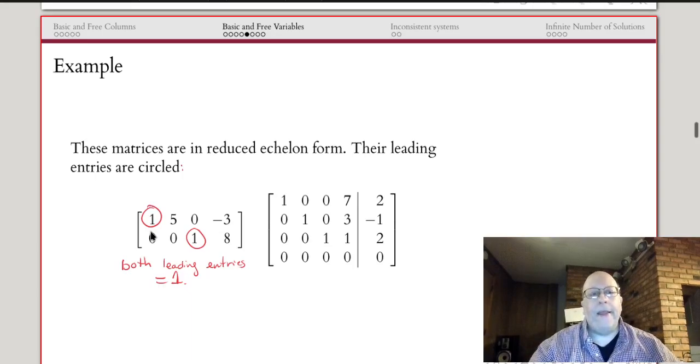And in the columns that contain the 1, the other entries are zeros. So in the columns that contain the leading entries, the leading entry is the only thing in that column other than 0.